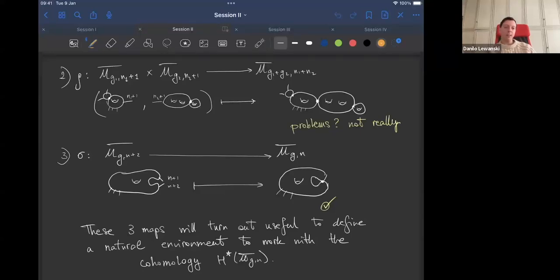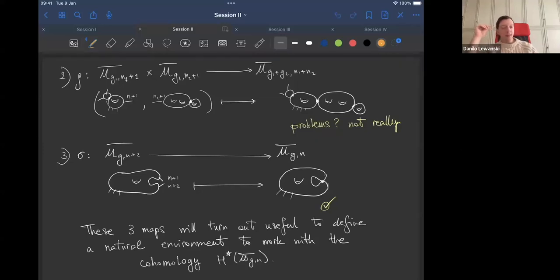And now when I look at the mark points, the glued stable graph will just have the sum of the mark points of the first one and the mark points of the second one, but I will have two as defect because I needed a mark point in the first component and a mark point in the second component to be glued together to form a node, and therefore I lost two in terms of mark points. Okay. But this is again compatible with the other characteristic if you think about it.